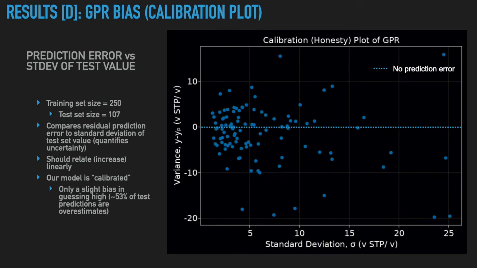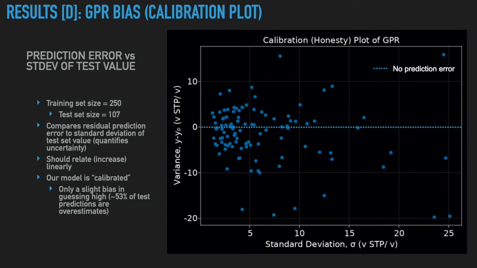Okay, next we're looking at the honesty or calibration plot of a GPR with an initial training set size of 250. And so as you would expect, as the standard deviation increases, the range of those variance values also increases. One of the other things that we looked at is just how many of these dots fall below the 0 line.